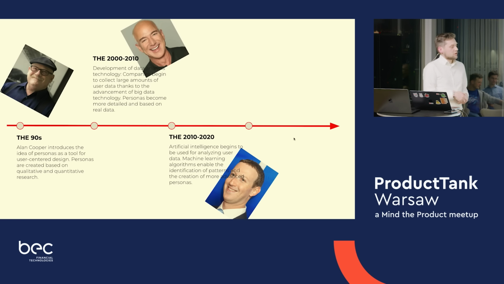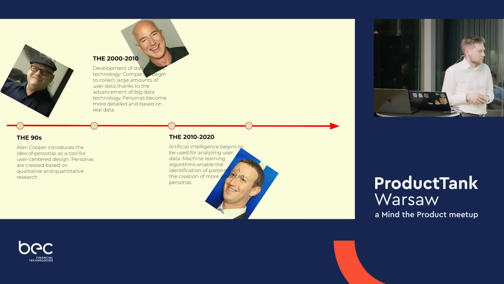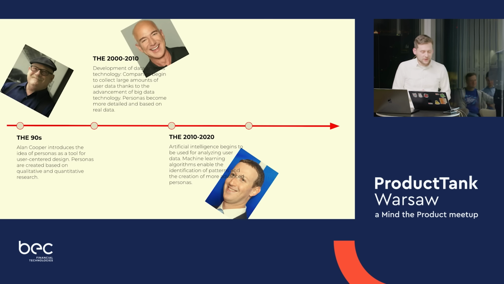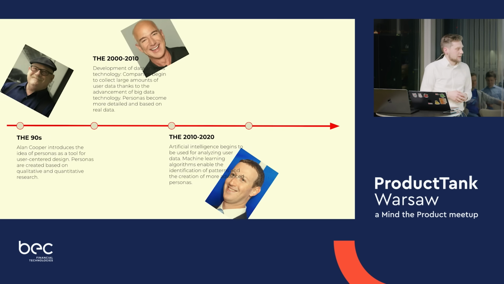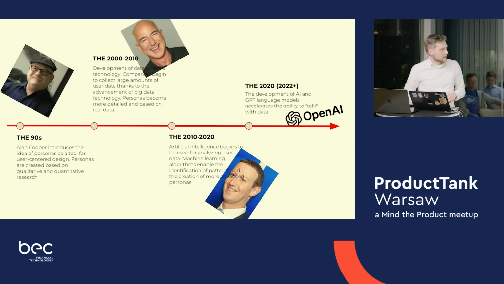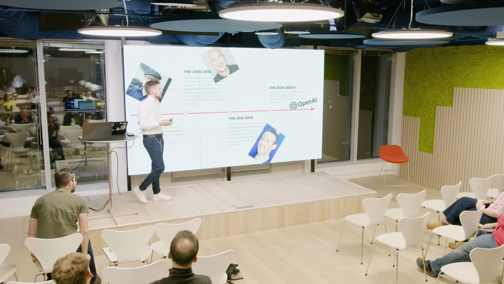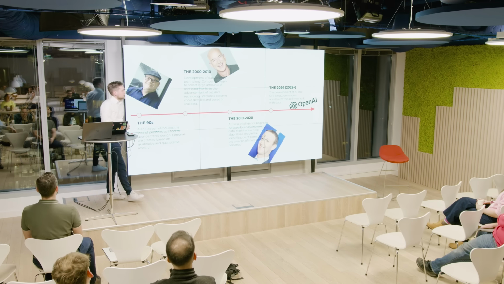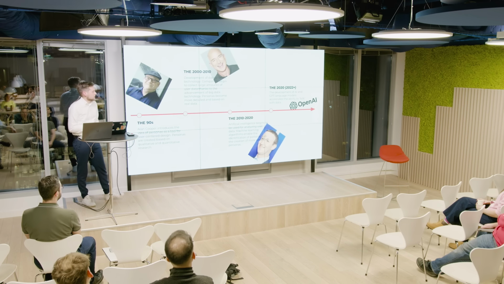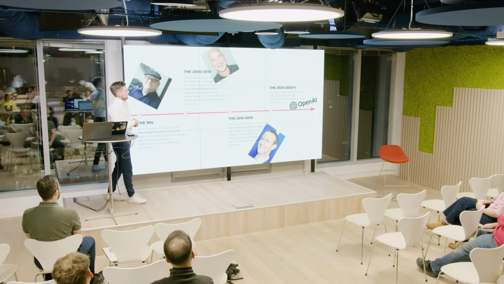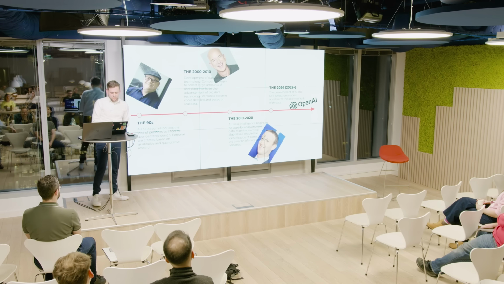The next decade, 2010-2020, artificial intelligence begins to analyze user behavior, user data, machine learning. Of course, algorithms also enable us to create patterns, so we can use them in recommendation engines for our users. And finally, nowadays, with the development of AI, OpenAI delivered the GPT language model in 2020, and since then we have the ability to talk with data.